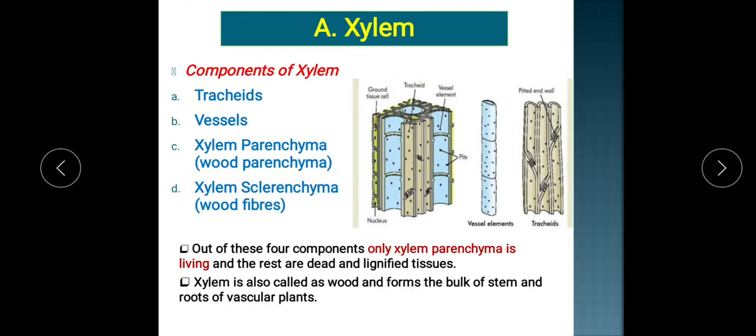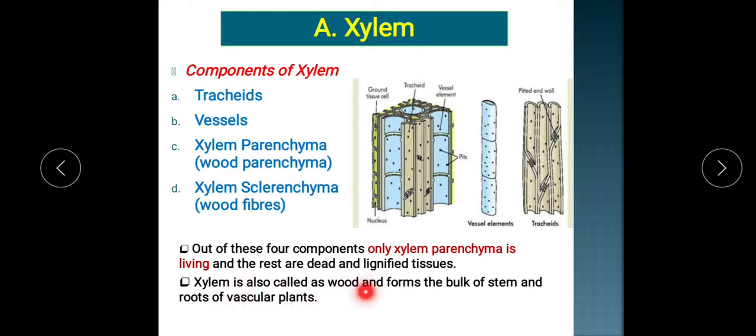Out of these, only the xylem parenchyma, which is also called the wood parenchyma, is a living tissue, and the rest, that means the tracheids, vessels and xylem sclerenchyma, are dead and lignified tissues.